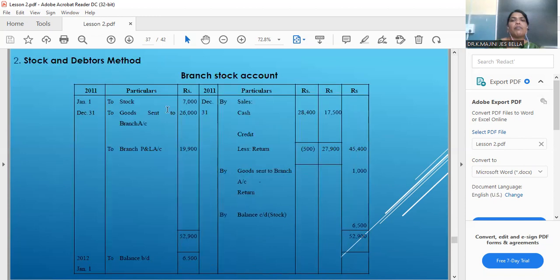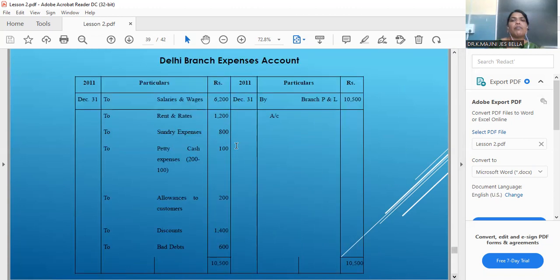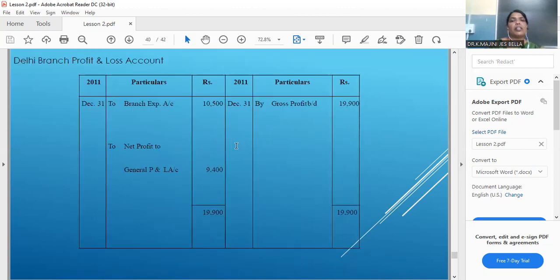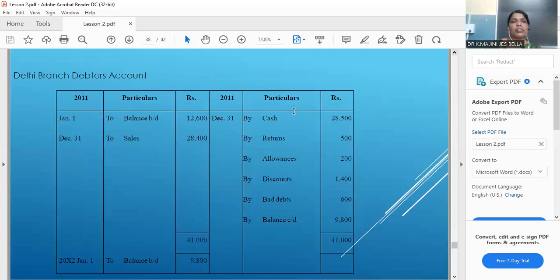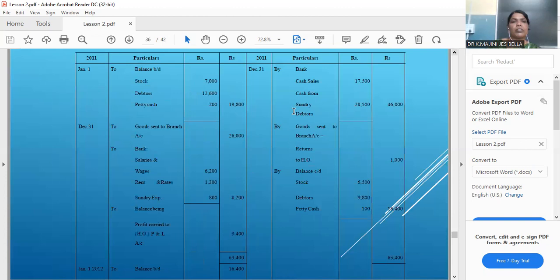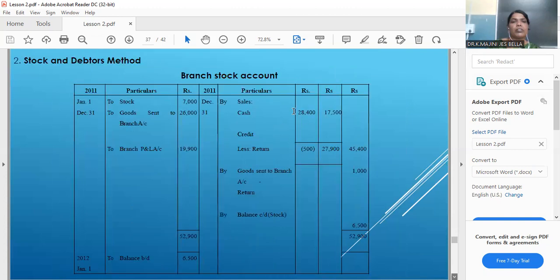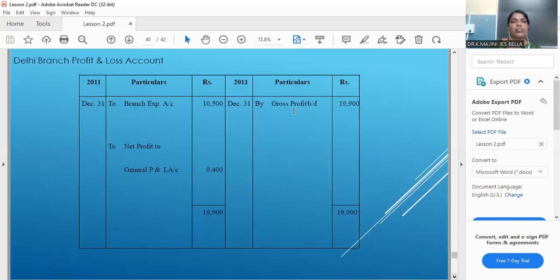By branch profit and loss account for the Delhi branch profit and loss. Okay. Net profit to profit and loss account, how much? 9,400, right? So 9,400 also you should write. Okay.